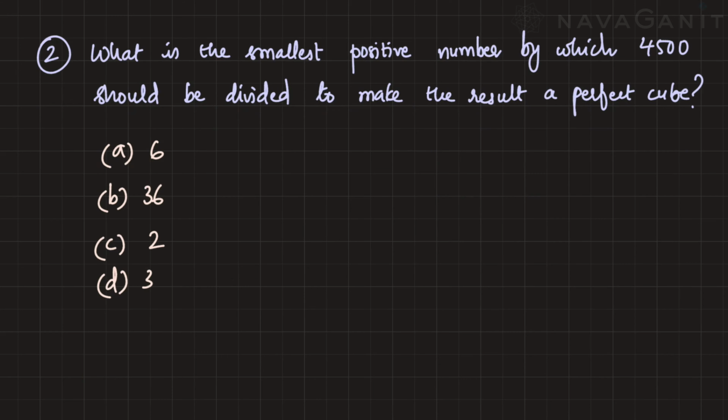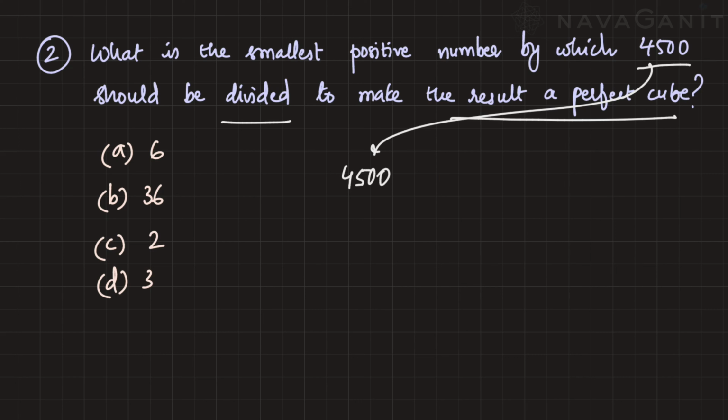What is the smallest positive number by which 4500 should be divided to make the result a perfect cube? First of all, what is 4500? Let us prime factorize it. So 4500 is nothing but 9 multiplied by 500.